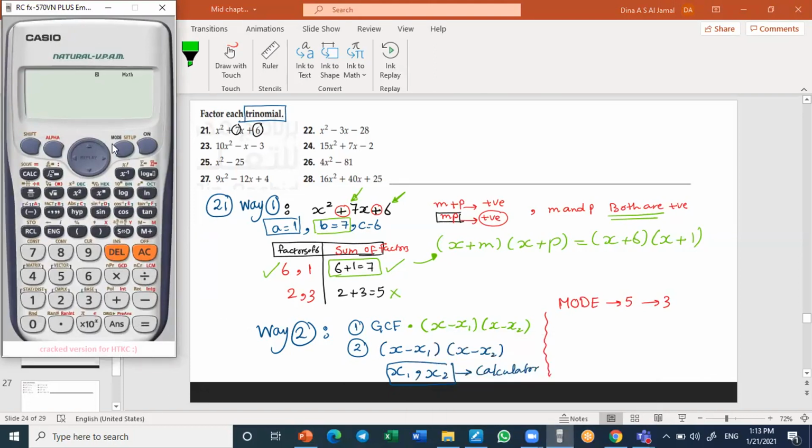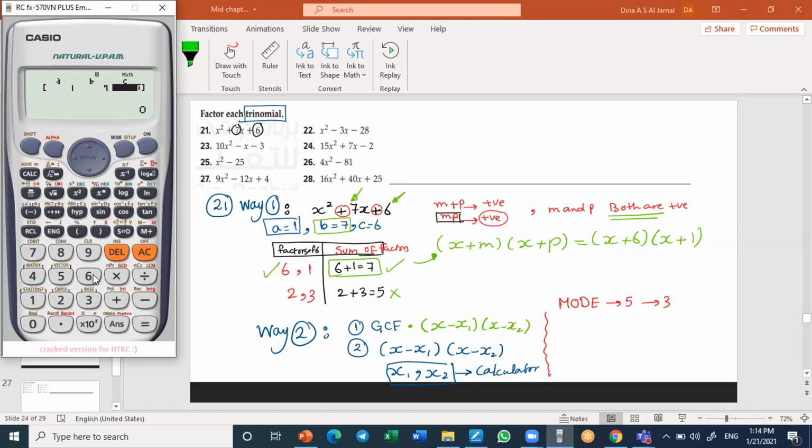So it's all about mod in this calculator, mod, then go to 5, which is equation, then go to 3, which is the quadratic form, ax squared plus bx plus c equal to 0. Now it's asking you to put a, b, and c, so you got them already. Your a is 1, your b is 7, and put it with its sign.